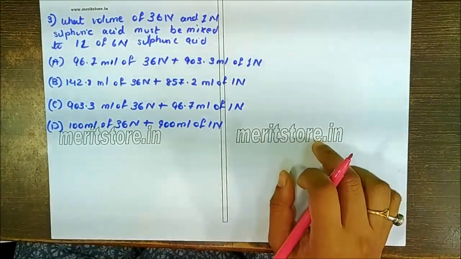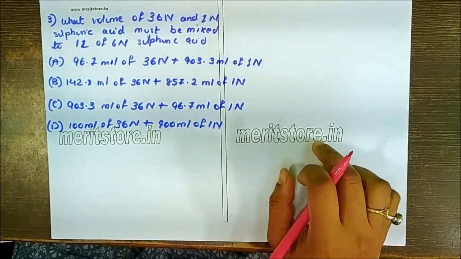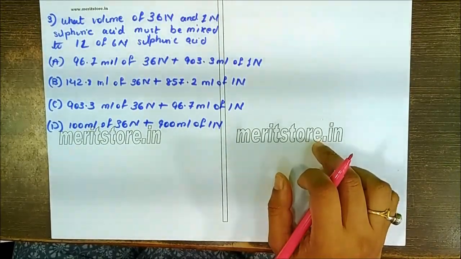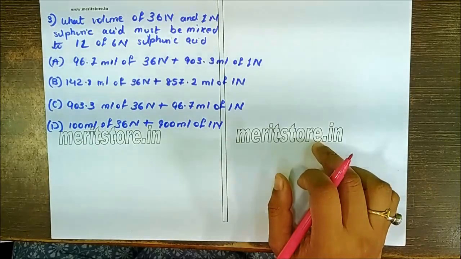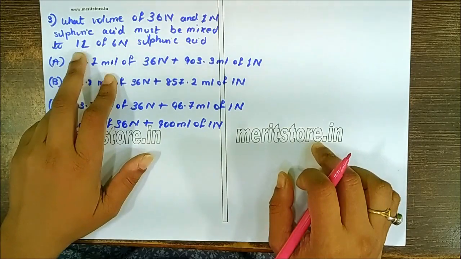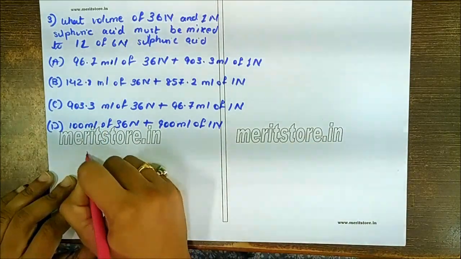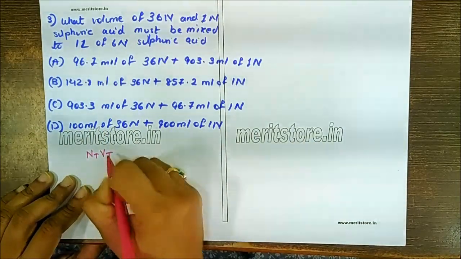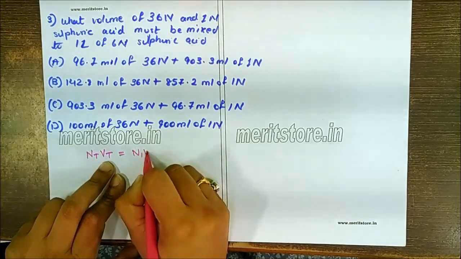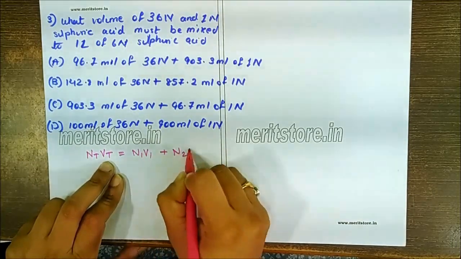What volume of 36 normal and 1 normal sulfuric acid must be mixed to make 1 liter of 6 normal sulfuric acid? Now we have to make the total volume 1 liter. So we have a formula: total normality into total volume is equal to N1V1 plus N2V2.